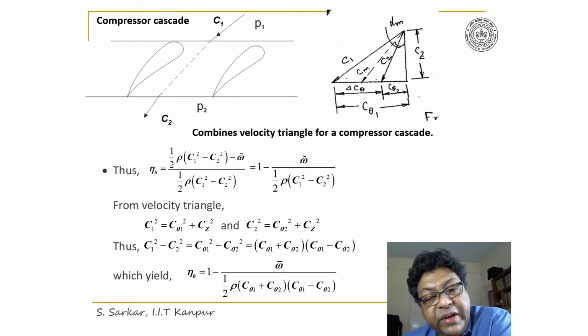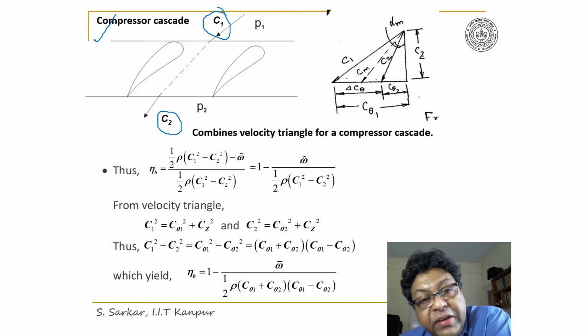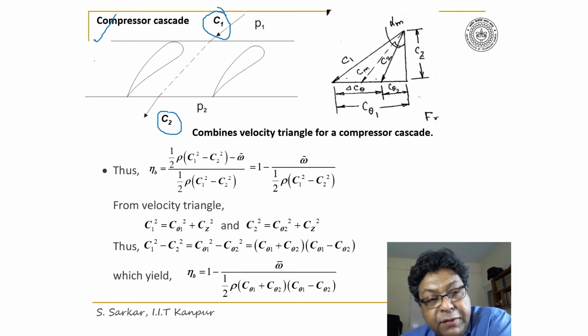Now here I'll try to derive the analytical expression for eta B. So let us consider a compressor cascade, and C1 be the inlet velocity and C2 be the exit velocity, where C2 is less than C1. And as before, this is the axial direction. And Cz must be the same as the mass flow rate is constant.